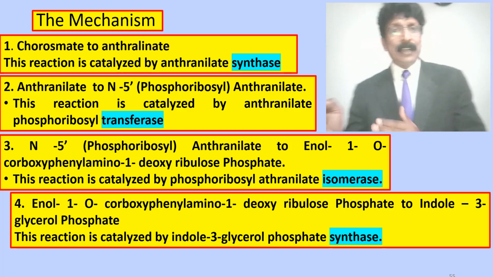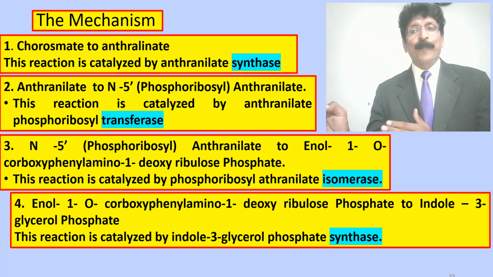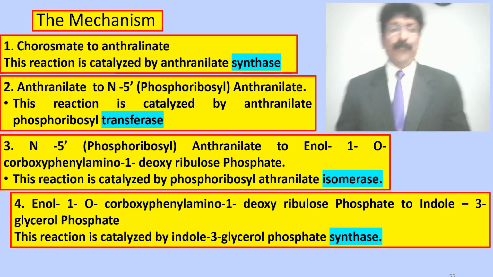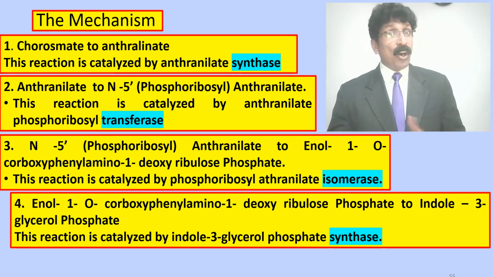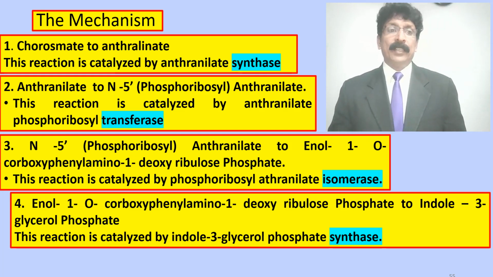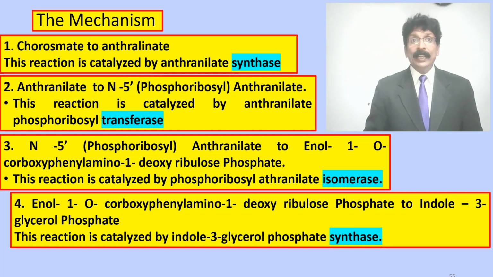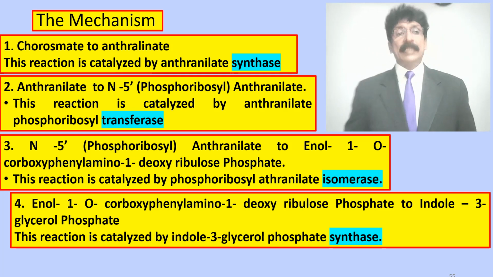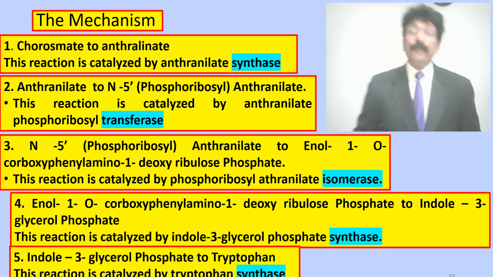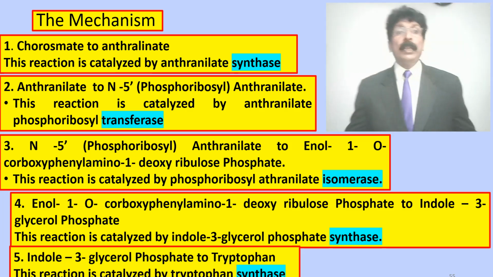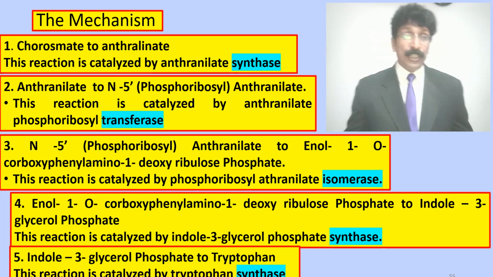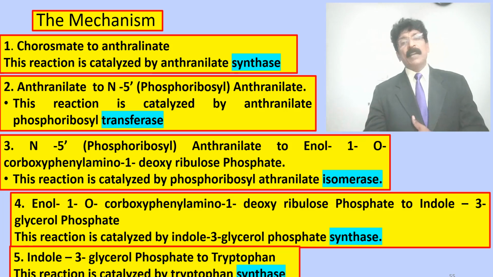And number 4, this enol 1-ortho-carboxyphenylamino 1-deoxyribulose phosphate to indole, our structure is coming near, indole 3-glycerol phosphate. This reaction is catalyzed by indole 3-glycerol phosphate synthase. And the 5th reaction, the final one in tryptophan, is indole 3-glycerol phosphate to tryptophan.